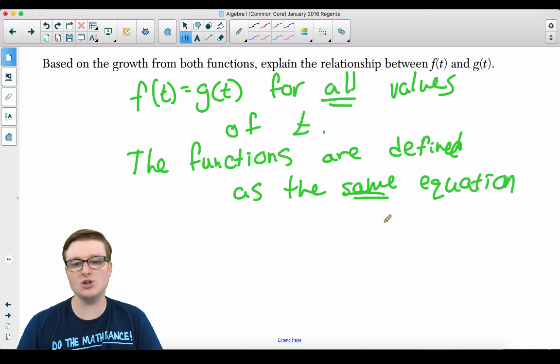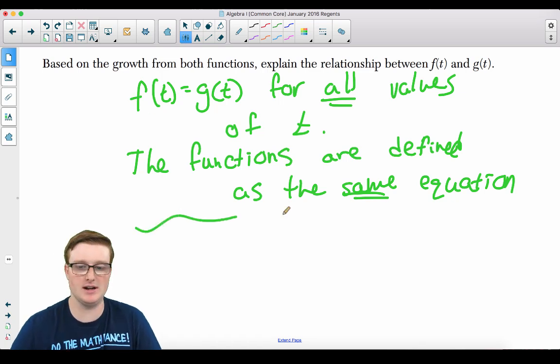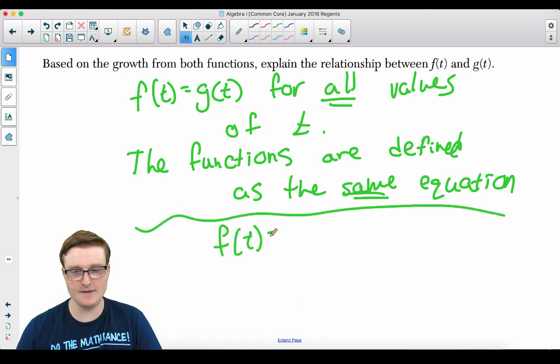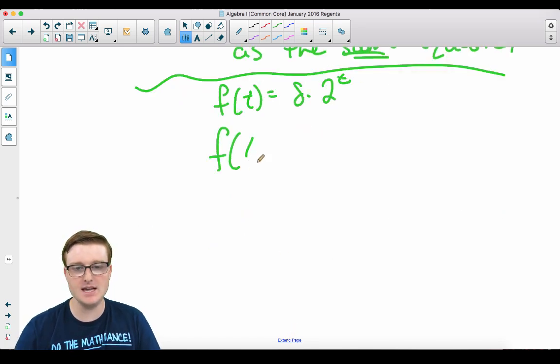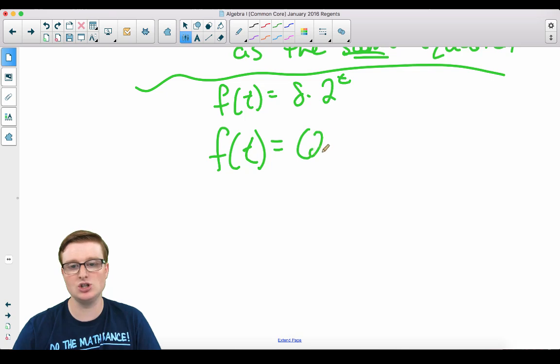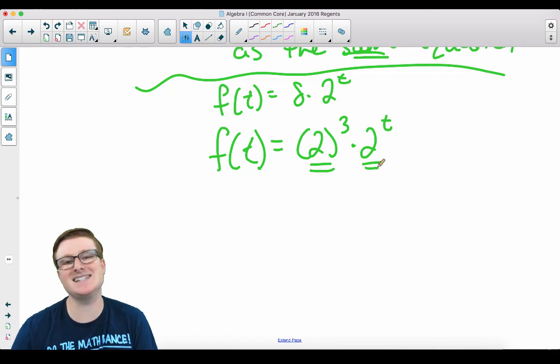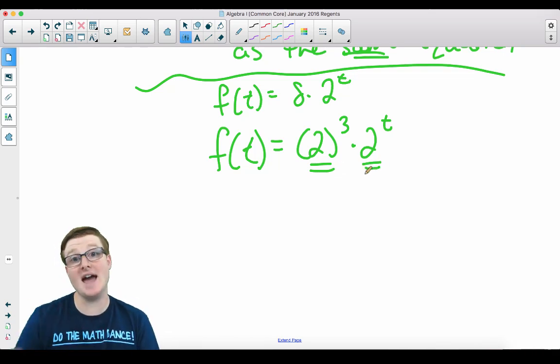And if you want to justify, I'm going to show you the justification right now. If you want to justify why it's the same equation, take f of t. F of t is equal to 8 times 2 raised to the t power. F of t can be rewritten as 2 to the 3rd times 2 to the t power. When you have the same bases, you could actually add the exponents.